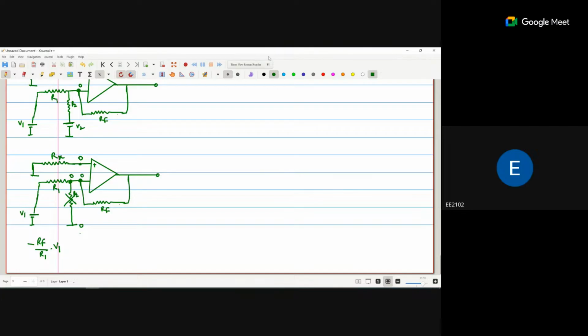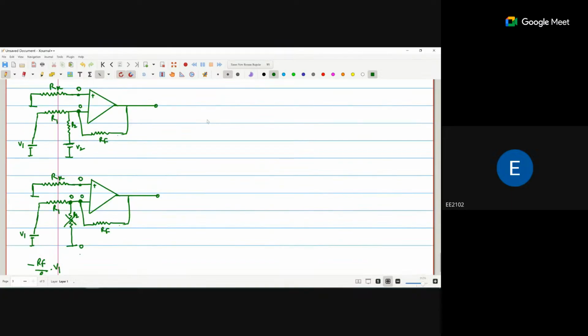In this case, I am taking this circuit and this one. Again, this point and this point have zero potential, that means there is no use of this R1.